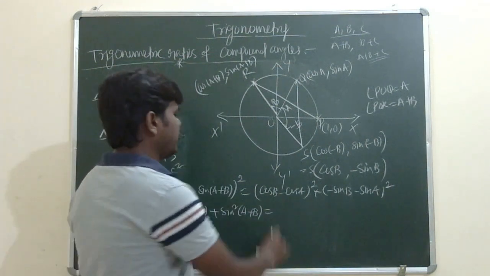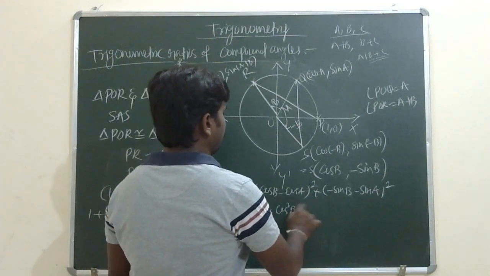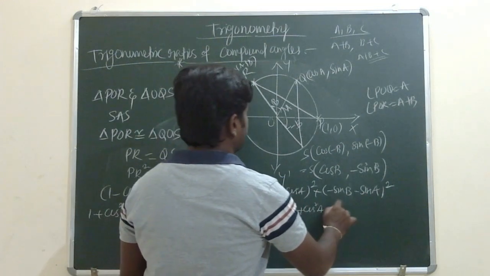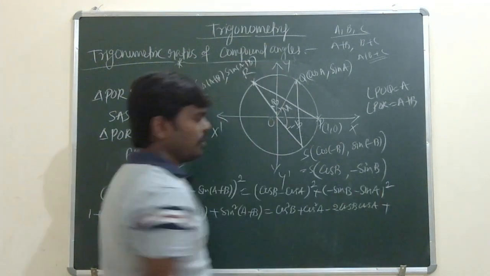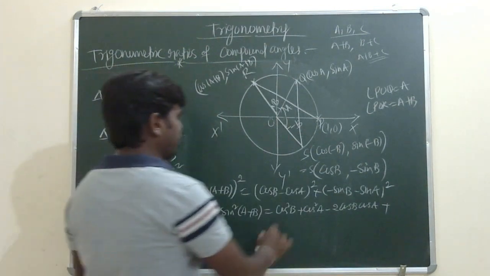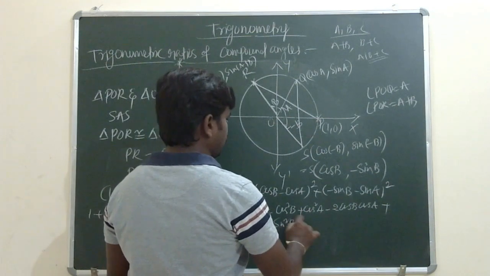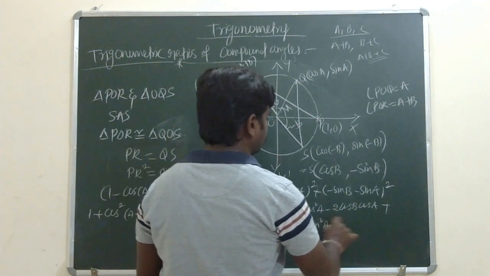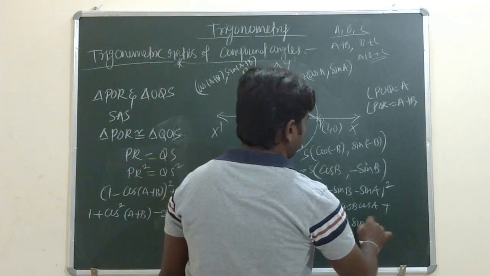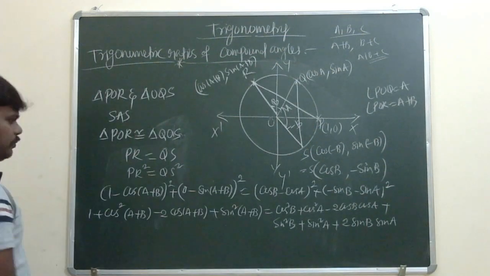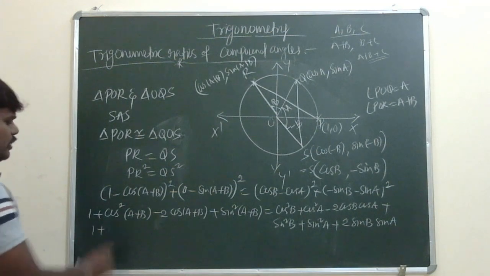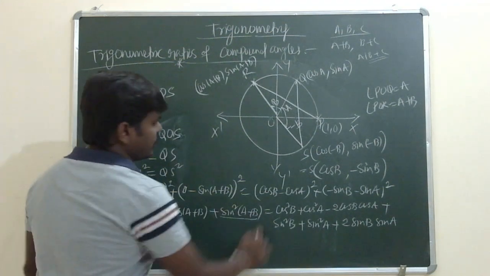When you are expanding here, you will get cos square B plus cos square A minus 2 cos B cos A, and here you have to apply the (a plus b) whole square formula. Then you will get sin square B plus sin square A plus 2 sin B sin A. So here 1 plus cos square(A plus B) plus sin square(A plus B).